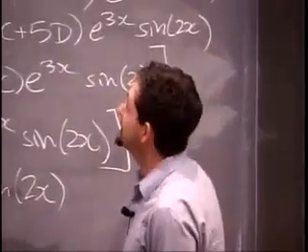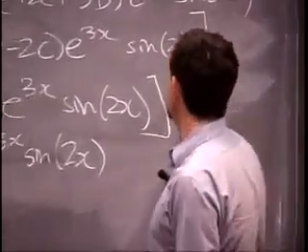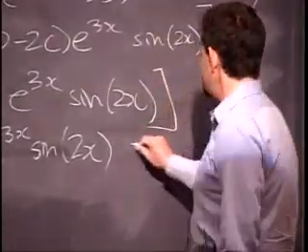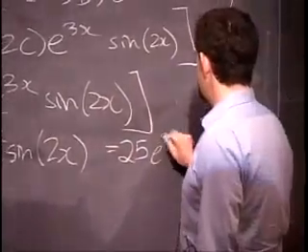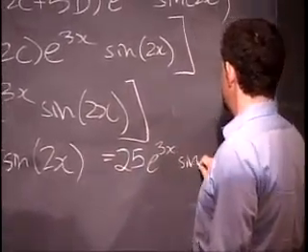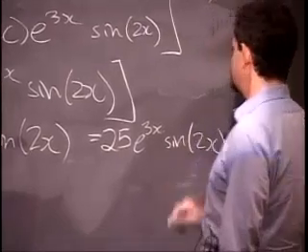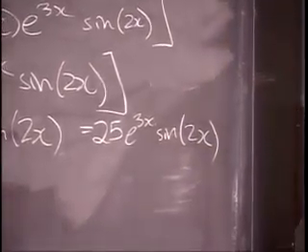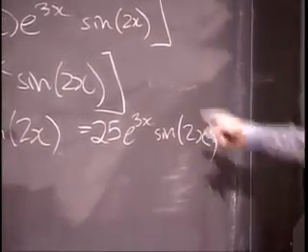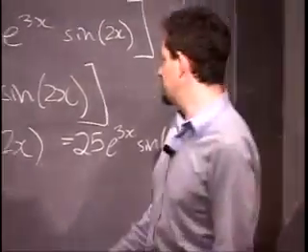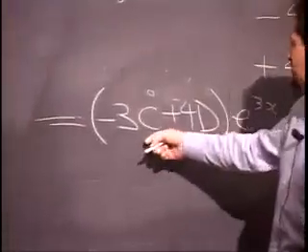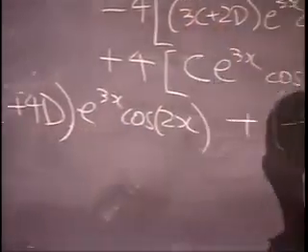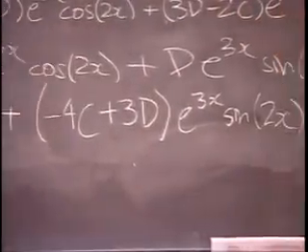Come on. This had to be equal to 25 e to the 3x sine 2x. Look, it's just computation. I mean, it's messy, I admit. But how are you going to match these things up? The only way you can do it is if the cosine bit, minus 3c plus 4d, is 0, and the sine bit is equal to 25.